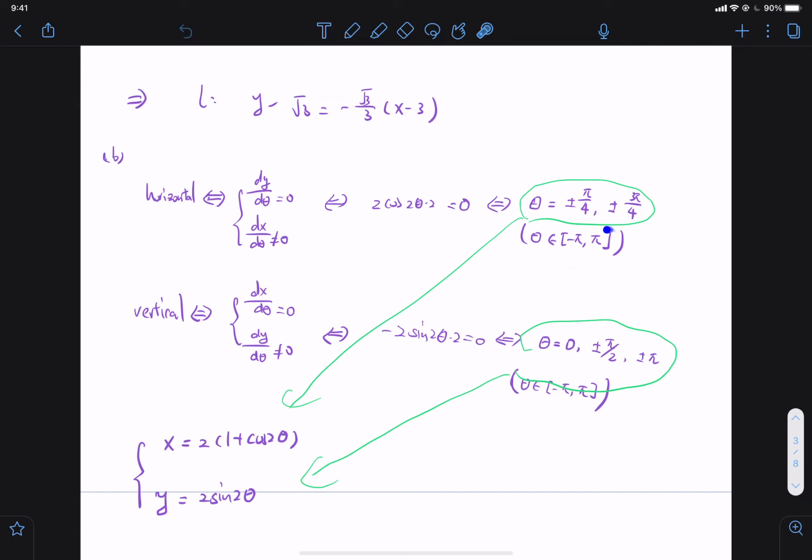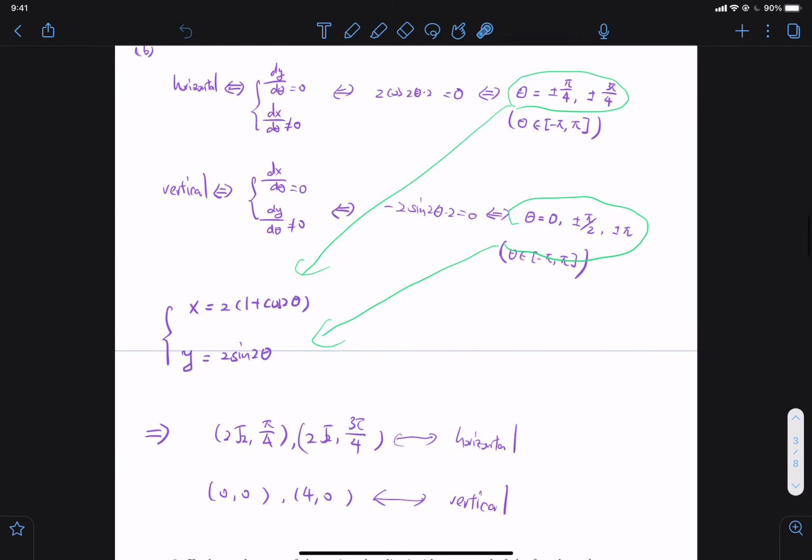But regardless, when you plug these angles back into the equation, you don't have that many points, because for positive or negative pi over 4, even though the angles are different, they give the exact same point here, right? This point is given by this one.